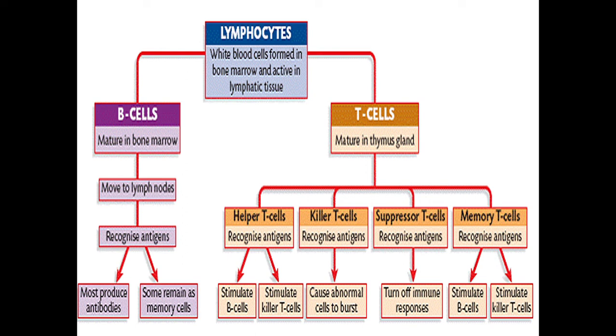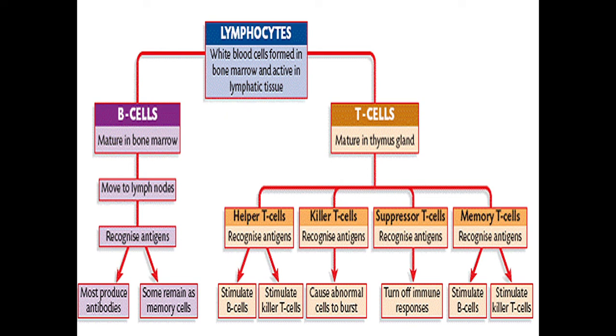The B cells or the B lymphocytes mature in the bone marrow, then move to lymph nodes and recognize antigens to produce antibodies or to remain as memory cells. While the T cells or T lymphocytes mature in the thymus gland and can be differentiated into helper T cells, killer T cells, suppressor T cells, and memory T cells.